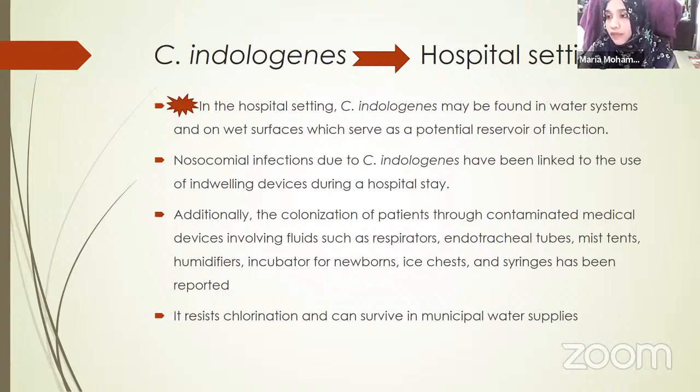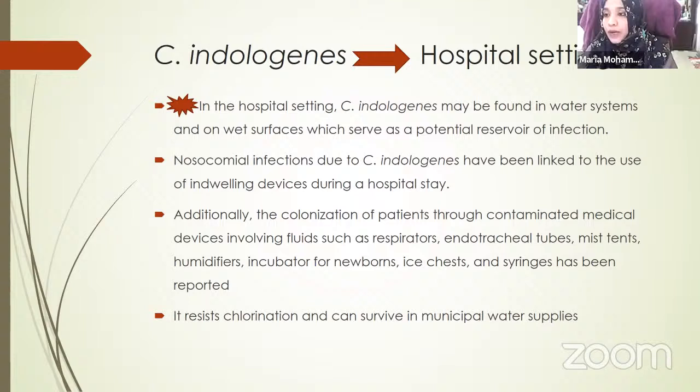Coming to the relation of Chryseobacterium indologenes with hospital settings. It is mostly an environmental pathogen, found in water systems and wet surfaces, which serve as a potential reservoir of infection. There are various reasons linked to its persistence in hospital environments.